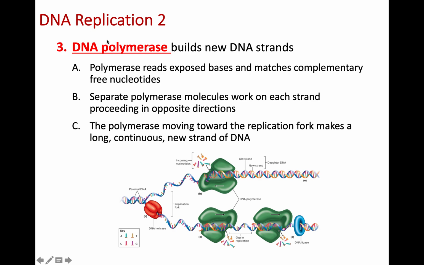This particular enzyme works with something made of many subunits of DNA, or a big piece of DNA, in other words. So DNA polymerase is going to make new macromolecules, new polymers of DNA, or new strands of DNA. DNA polymerase will read the exposed bases that have been exposed by DNA helicase.